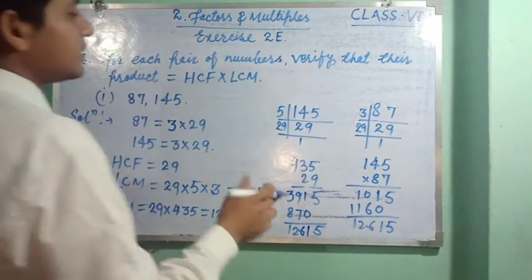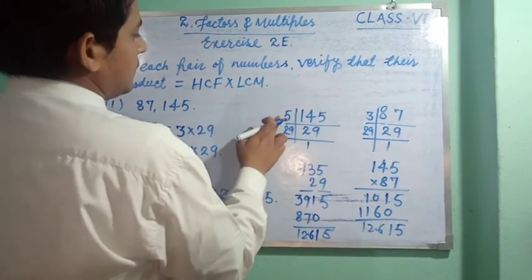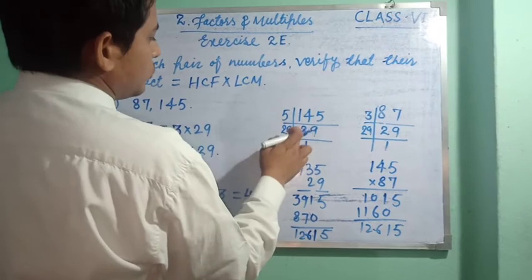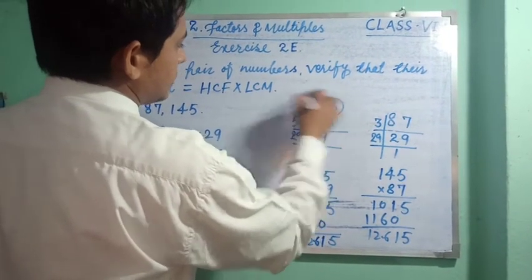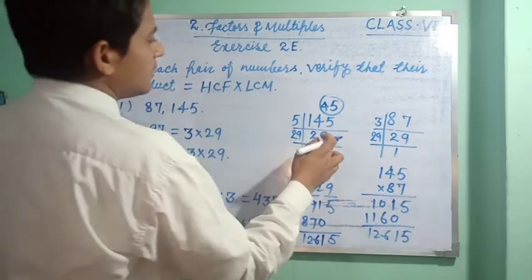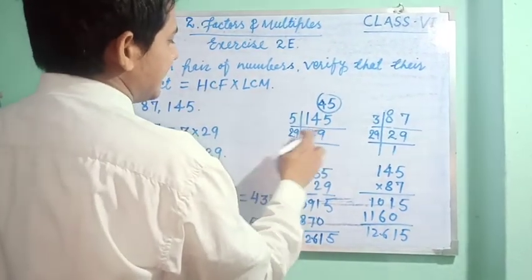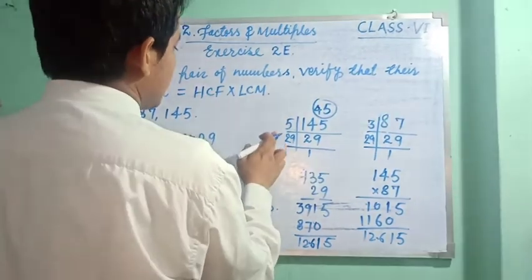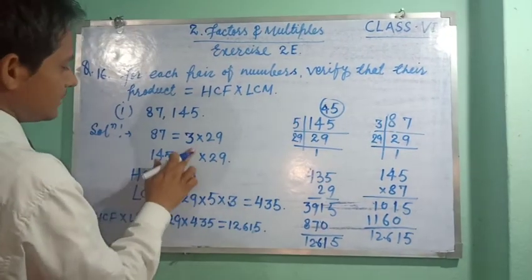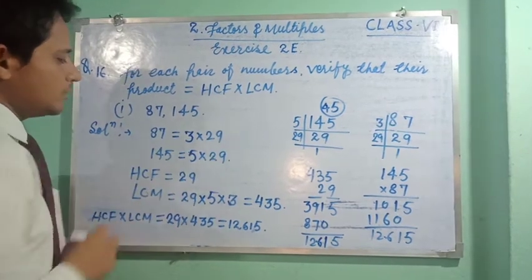Now similarly for 145, we can apply the table of 5. 5 times 29 is 145. This can be written as 5 multiplied by 29.